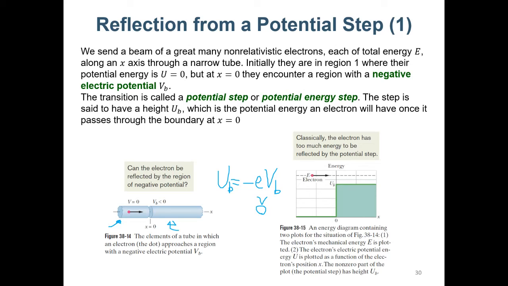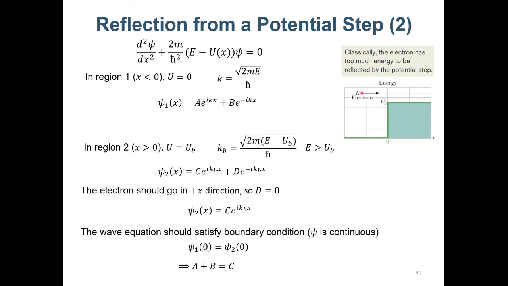And even if the kinetic energy of the electron is large enough, it will still be influenced by this step. The transition is called the potential energy step. The step is said to have a height UB, which is potential energy, and once the electron passes through the boundary, it can actually be reflected by this step.